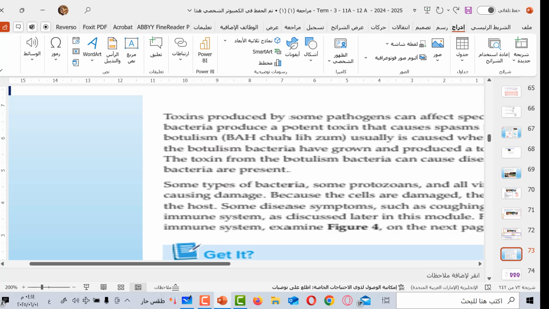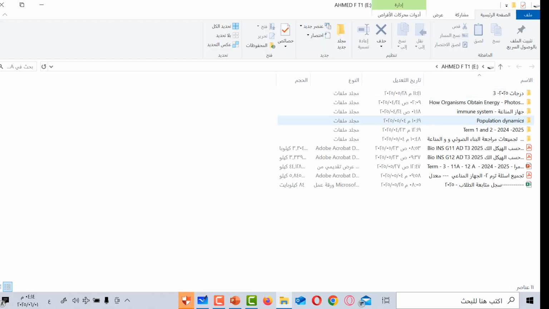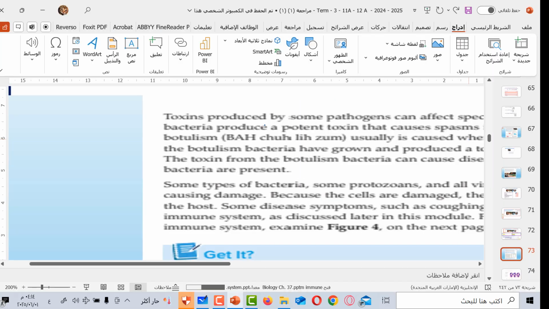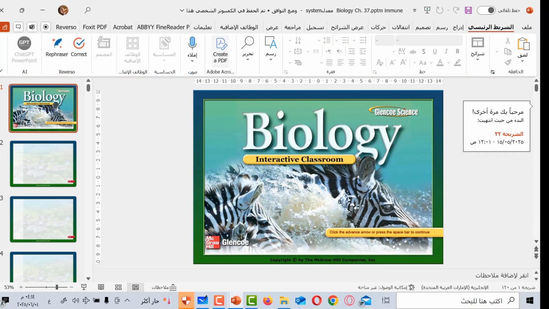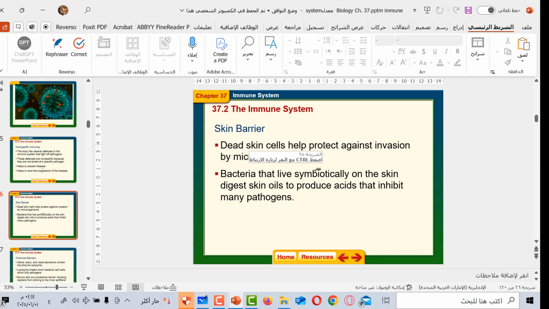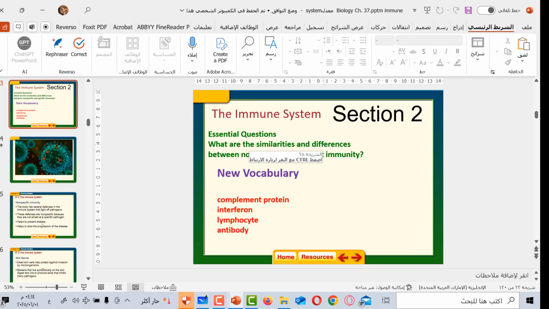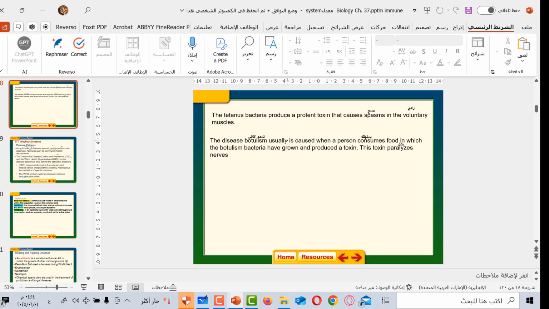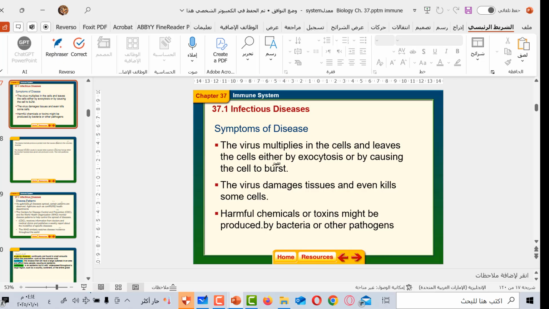Okay, and open the other one to see about it. Okay, if we see here, disease pattern, before disease pattern, here, symptom of disease, okay?